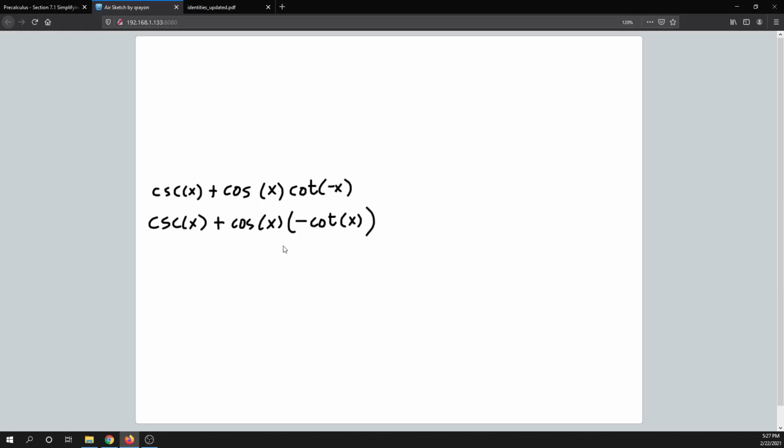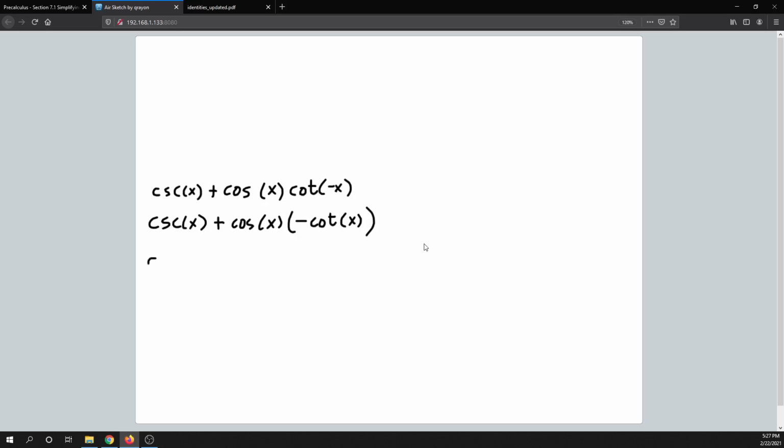Here I put this in parentheses because otherwise it looks like that's subtraction when this is just multiplication. All right, so I've got cosecant x plus cotangent x times minus cotangent x.